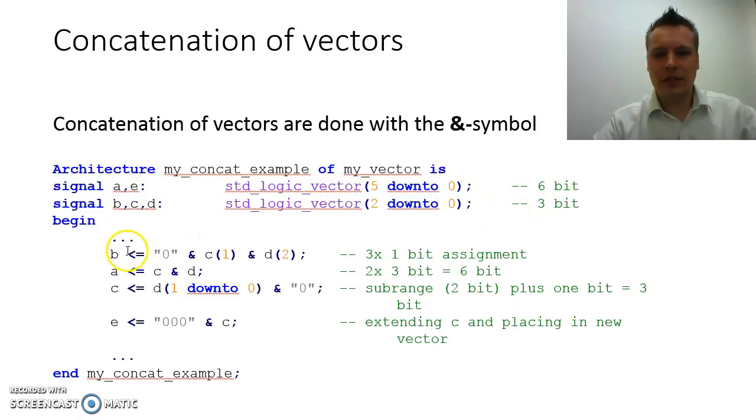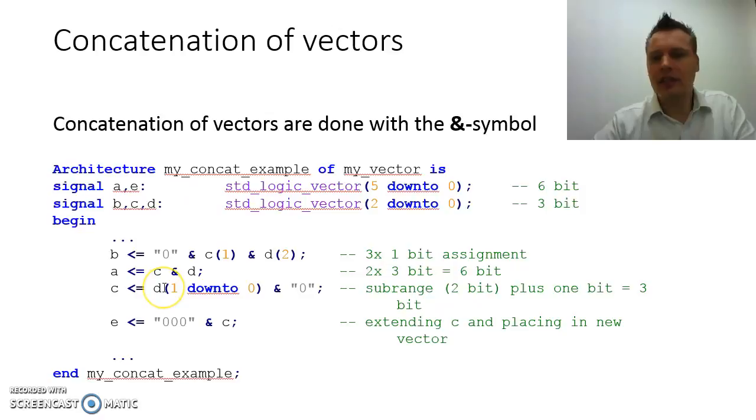For example, we can join bit 0 with position 1 and position 2 in vectors C and D. Similarly, you can simply join C and D. Note that you need to make sure the lengths of the vectors match, else you might end up with overflows or undefined states, right?